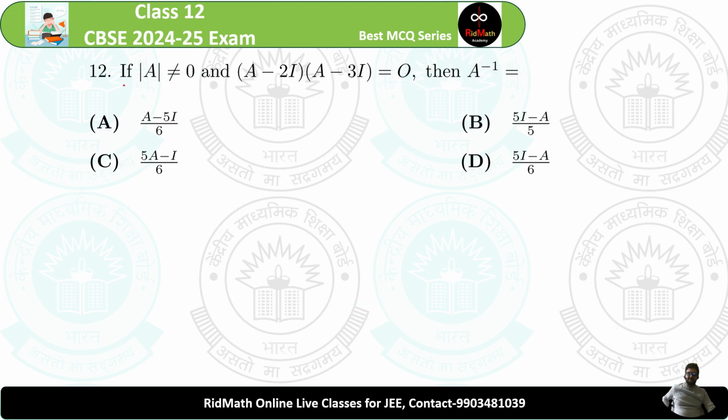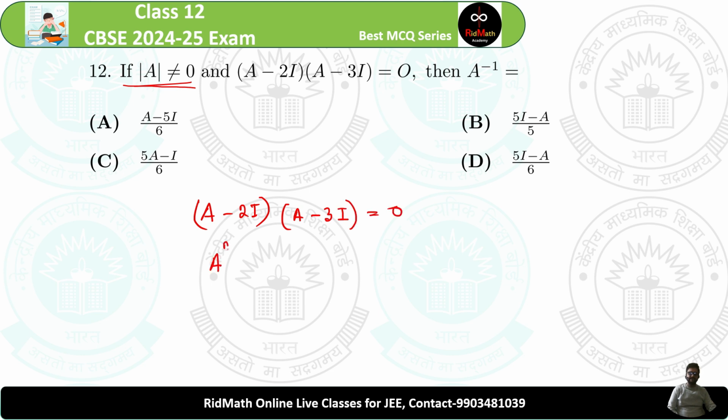Okay, so next problem, number 12. If mod A not equal to 0, that means determinant of A not equal to 0, and (A minus 2I) into (A minus 3I) equal to null matrix, then A inverse is what? So we are given that (A minus 2I) into (A minus 3I) is equal to null matrix.